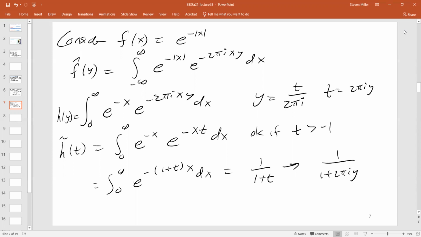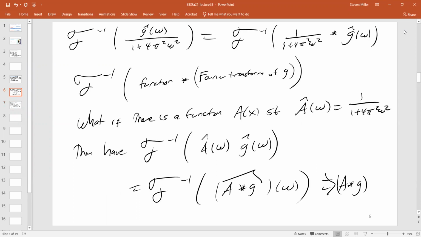So this is now the integral from 0 to infinity. You would do something similar for the integral from negative infinity to 0. Then you would put them together, and it would turn out that that would equal the function that we have. So the function that we were looking at, the 1 over 1 plus 4 pi squared omega squared, is related to the Fourier transform of e to the negative absolute value of x.